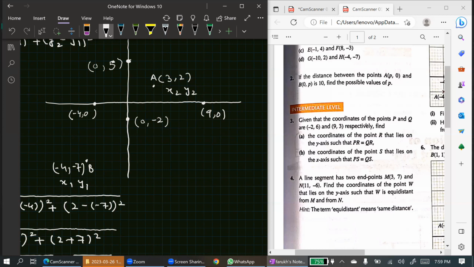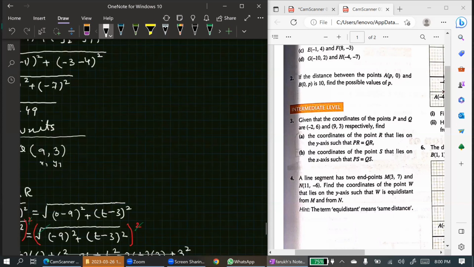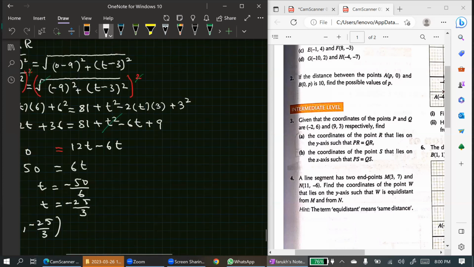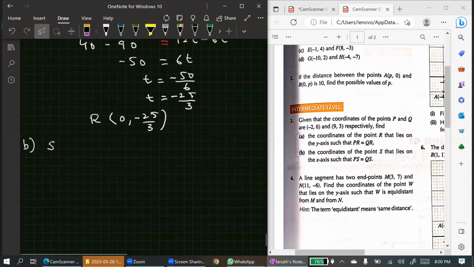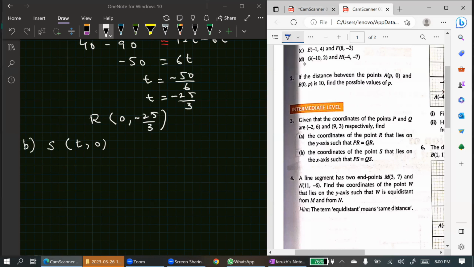The equation of x-axis is y is equal to 0. So we can let the point S as t comma 0 because it lies on x-axis, such that PS is equal to QS.